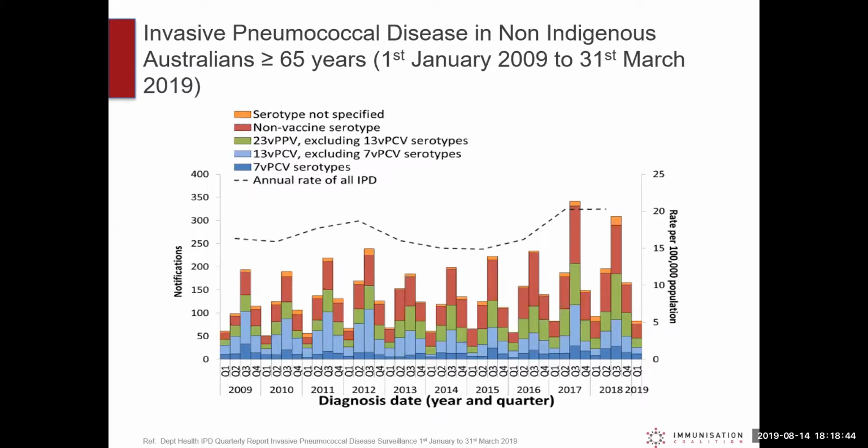The green bars are the 23 valent serotypes, but then you look at those red bars and they seem to be almost outnumbering every section, or certainly a lot of those sections. So there's also serotypes that aren't specified in these notifications, but non-vaccine serotypes that are causing disease are problematic because they make our numbers look as though we're not winning the war.